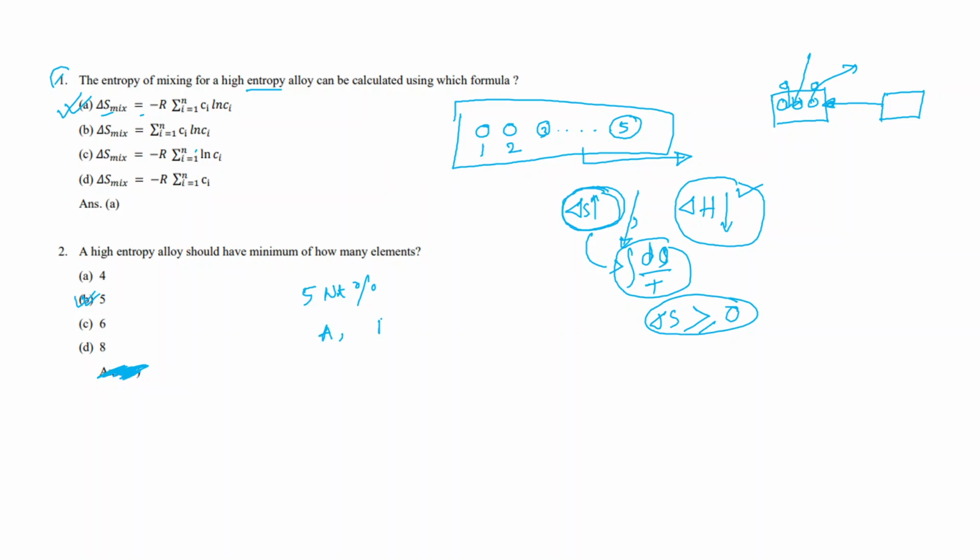Suppose A, B, C, D, E, the 5 metals, combine together and make one alloy, a high entropy alloy. Every element should have more than 5 weight percent content. Then only can we say that it is a 5-element alloy, called a high entropy alloy.